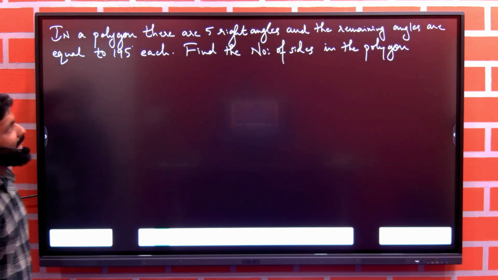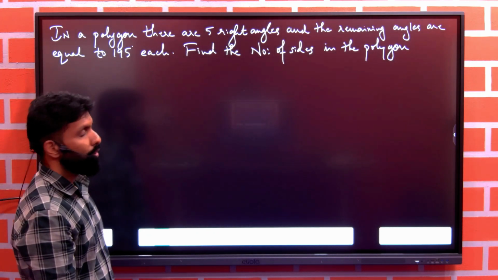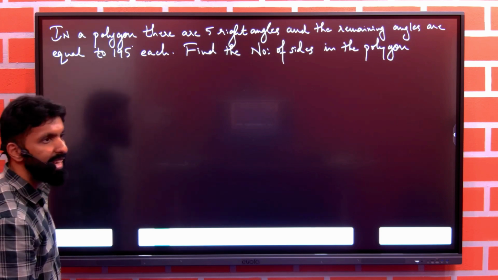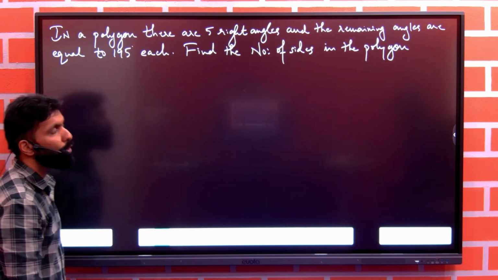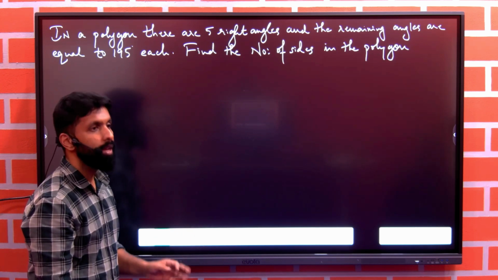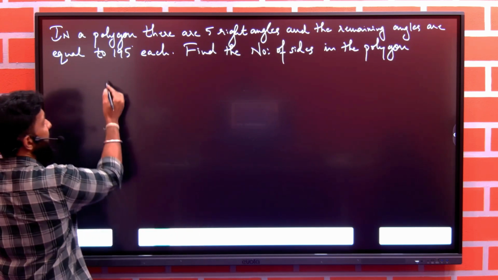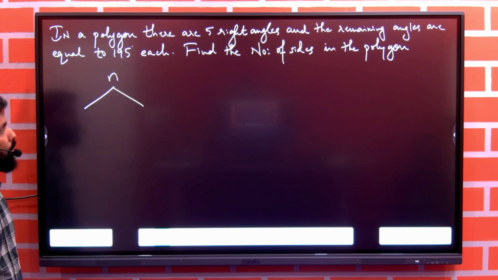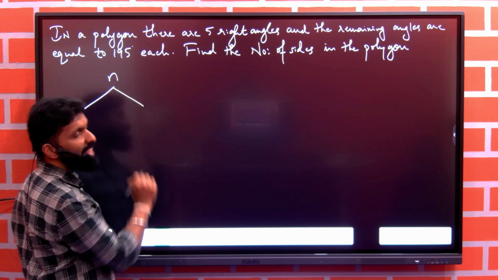In a polygon, there are 5 right angles, and the remaining angles are equal to 195 degrees. Find the number of sides in the polygon. We don't know the number of sides, so let us say n is the number of sides. Now they are saying there are 5 right angles.